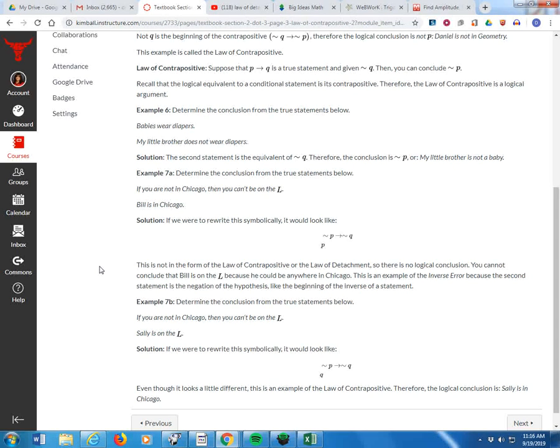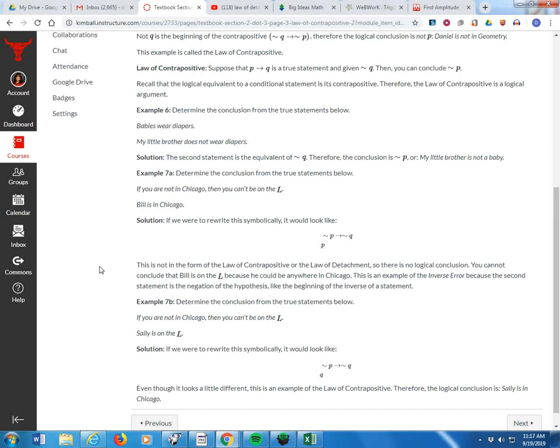What they say here is my little brother does not wear diapers. So my little brother's not a baby. That's how you use the law of contrapositive. You assume that conditional statement is true, then they give you not the conclusion, you assume not the hypothesis, or the inverse of the hypothesis.